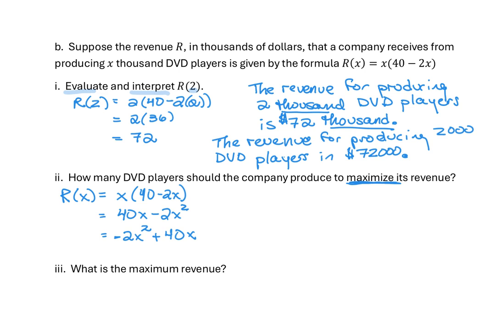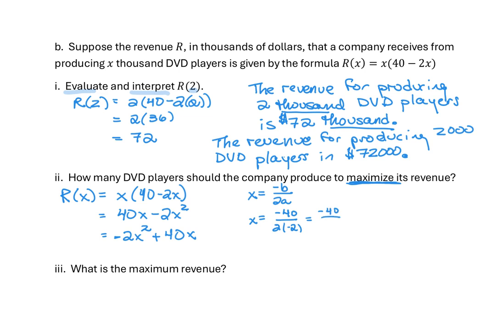All right, from here, we want to go ahead and find our vertex. And so to find our vertex, we're going to go negative b over 2a. And this is equal to negative 40 divided by 2 times negative 2.